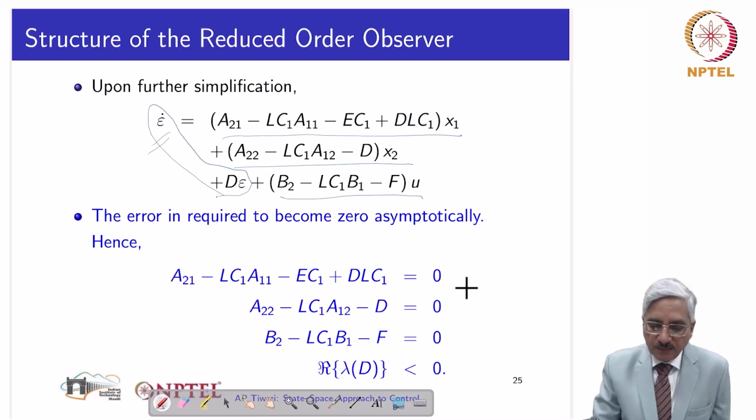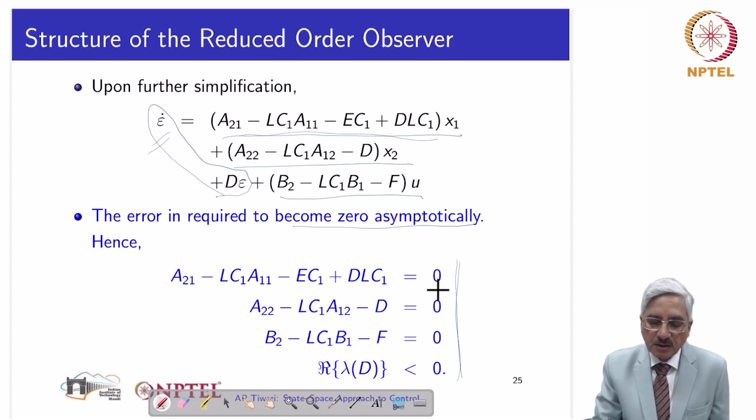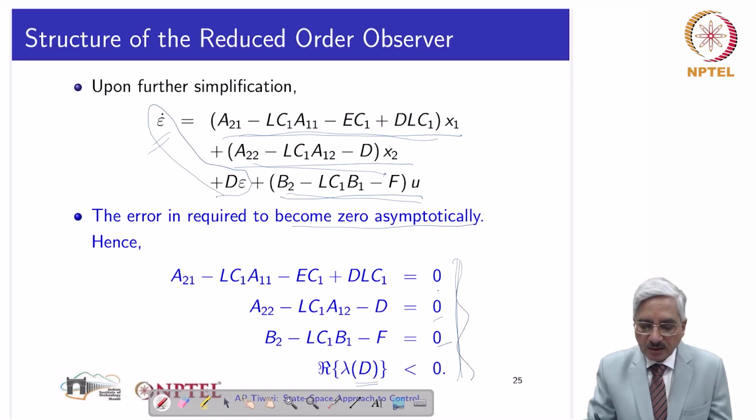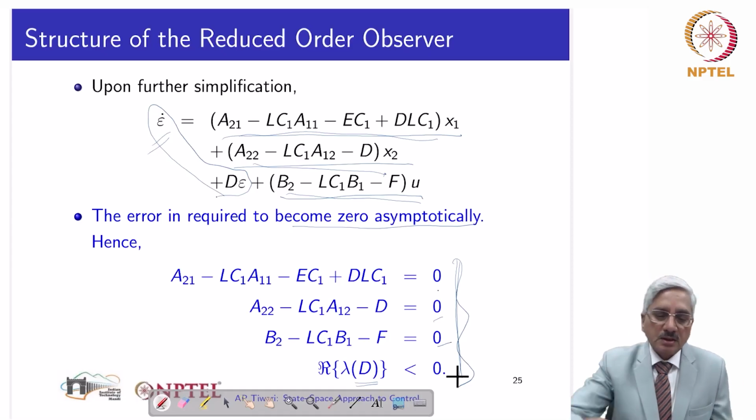So we have these conditions. First, this should become zero. Second, this should become zero. Third, this should become zero. And then the eigenvalues of D should have negative real parts, in the open left half S-plane. So these four conditions must hold in order that the state estimation error in the case of the reduced order observer also becomes asymptotically zero.